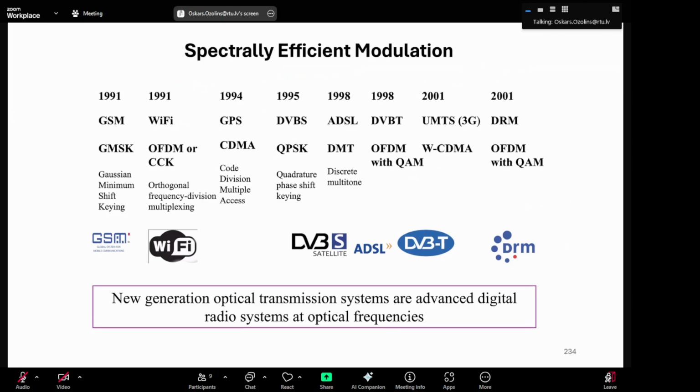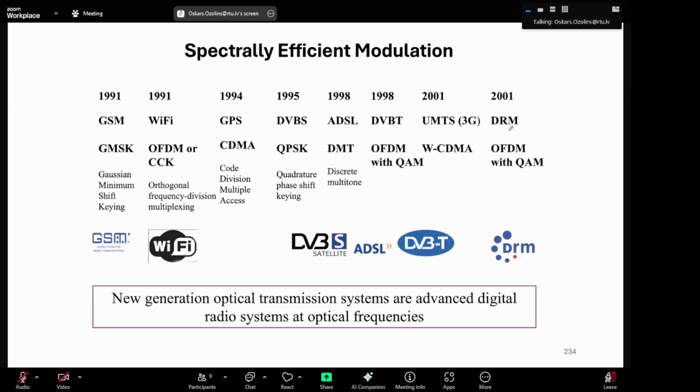So we didn't invent much in the optical domain. We took what was already available. The new generation optical transmission systems are advanced digital radio systems that have changed to optical frequencies, like these modulation formats over different years, from 1991 to 2001, like OFDM, CDMA, QPSK, DMT, and also quadrature amplitude modulation.